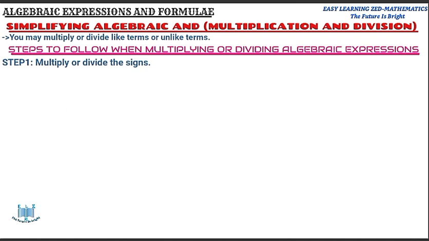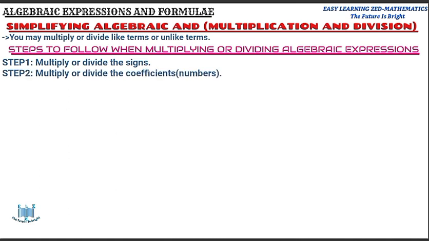The signs we are talking about are positive or negative. If the number is negative, you need to consider whether it's being multiplied by a positive, then you multiply a negative by a positive. If it's multiplied by a negative, then you multiply a negative by a negative.